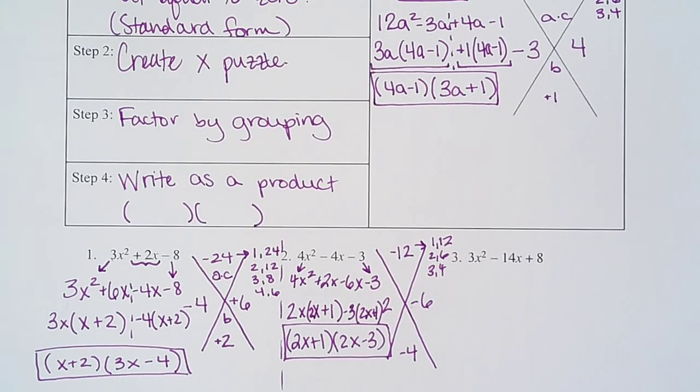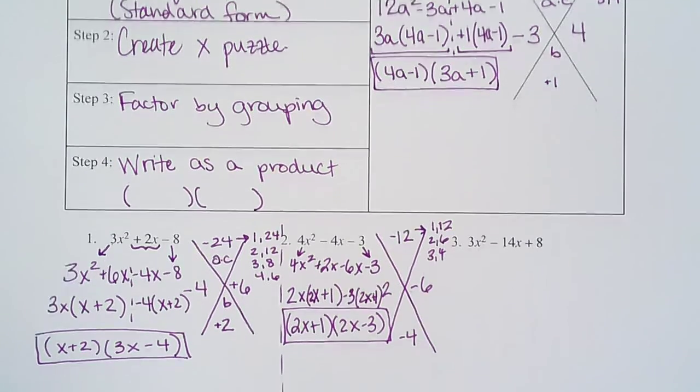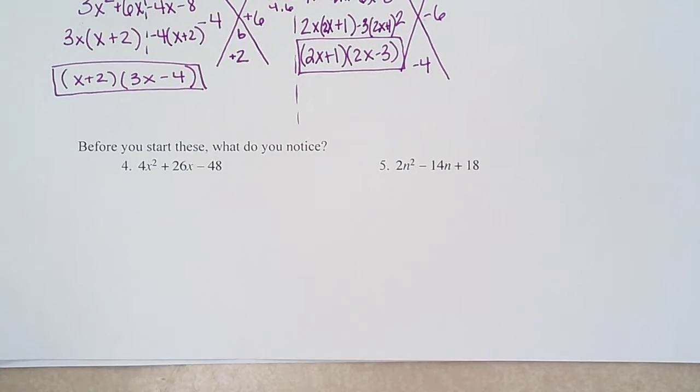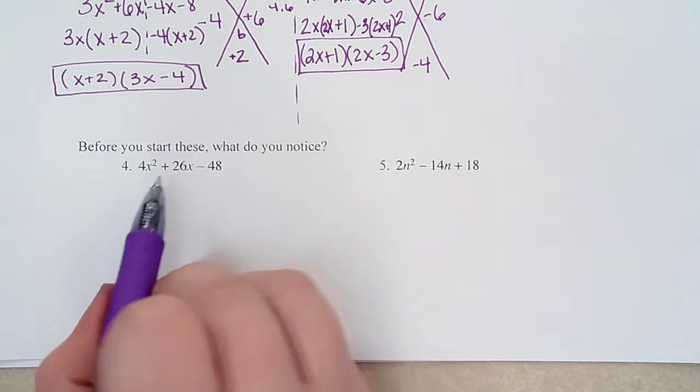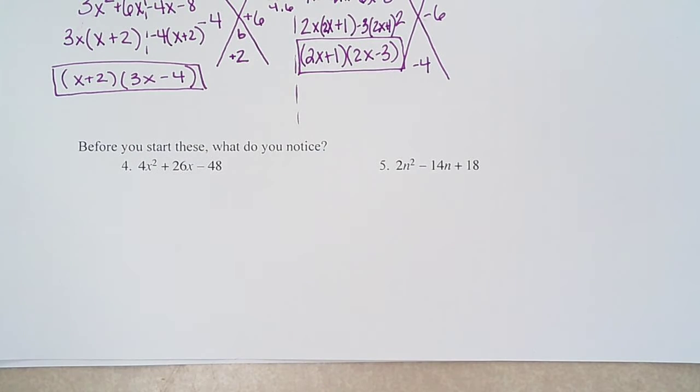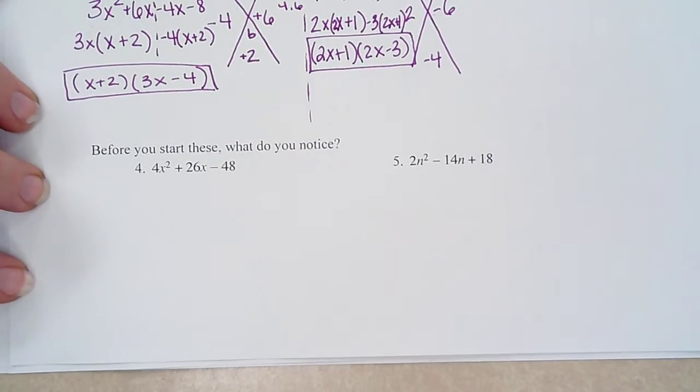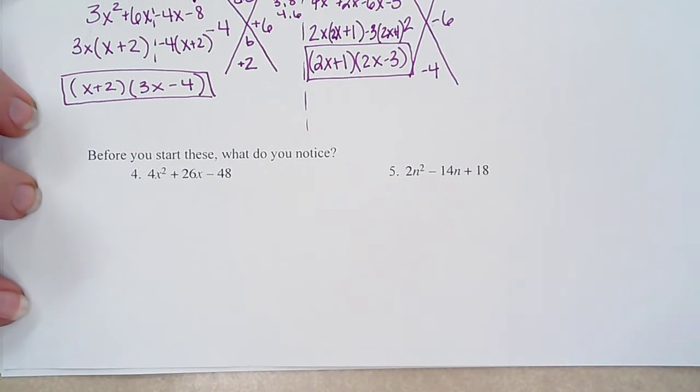All right, I'm going to leave that final one for you to attempt. And then we're going to look at these last two. So before we start these, what do we notice? Well, with this one specifically, I notice that those are all pretty big numbers, and I could use the x puzzle, but I could start by factoring out the GCF and making all those numbers a little smaller.